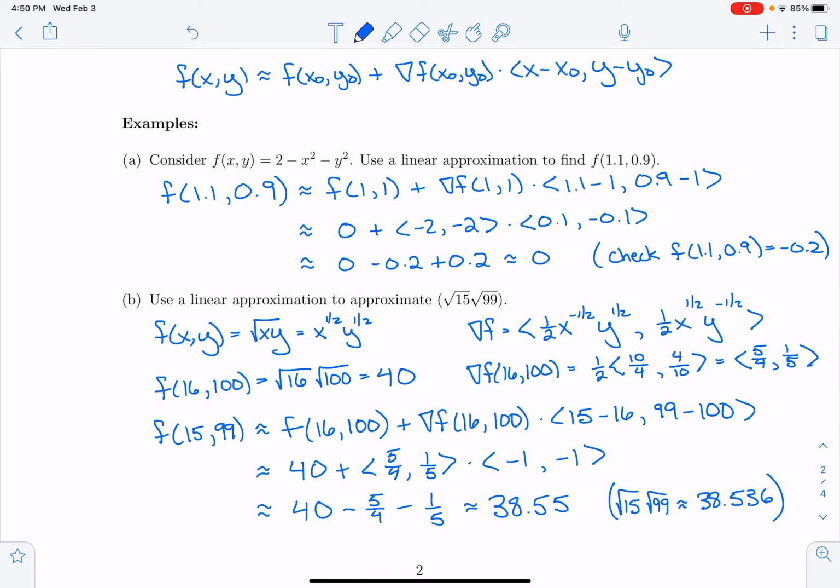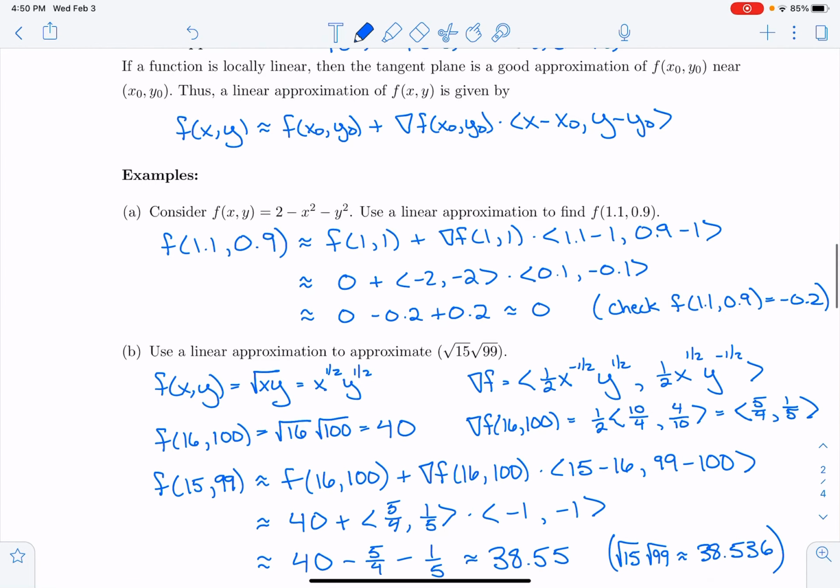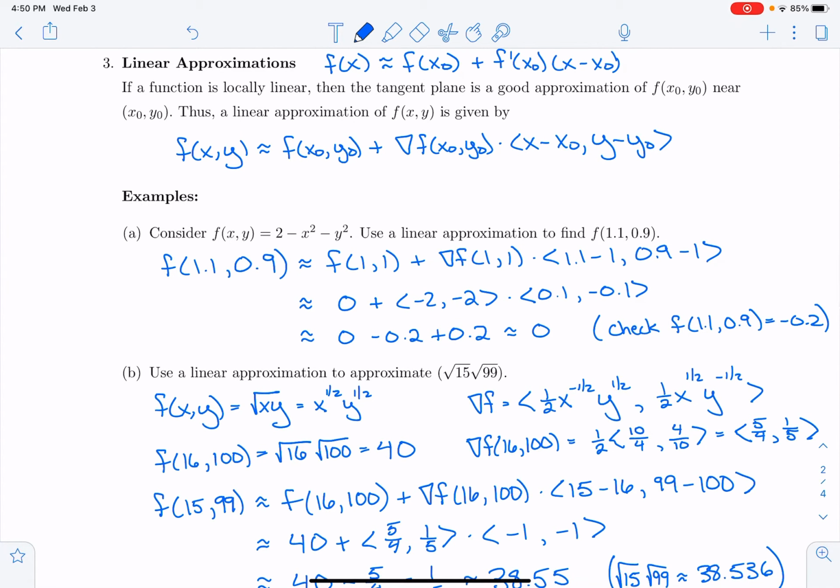Hopefully you noticed that I put this in a form with gradients, this tangent line approximation, this linear approximation, tangent plane approximation, or linear approximation. In fact, if you like, we can do the dot product. You'll notice that it looks like df dx times x minus x0 plus df dy times y minus y0.